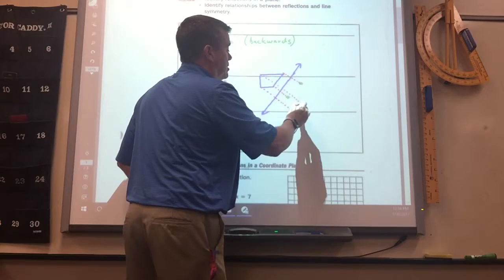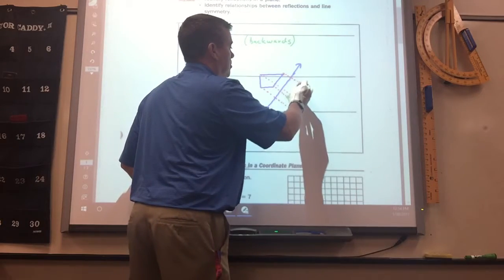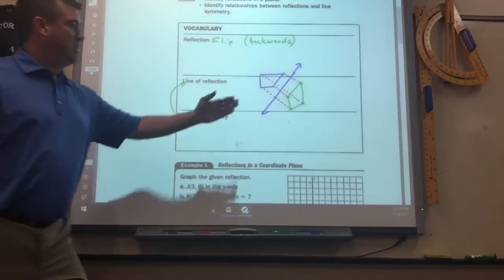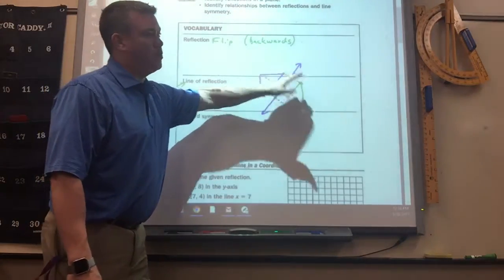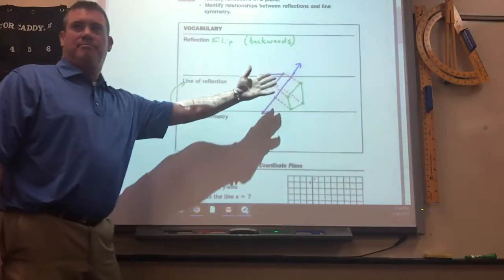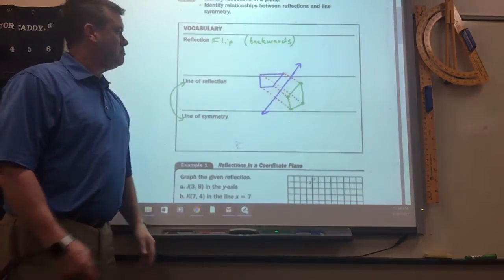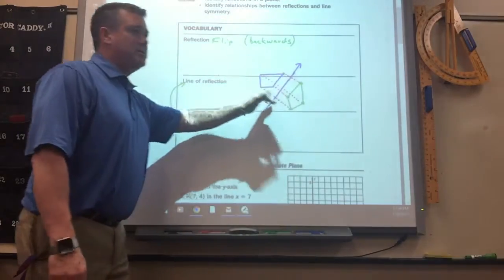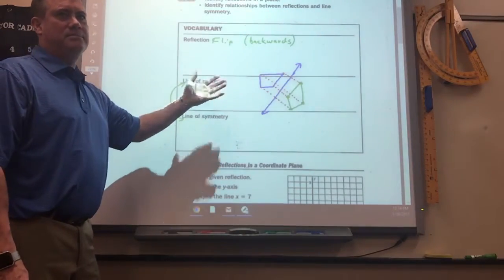Then once you have your points, you connect them. And there you could see that if you folded this, this would fold down on top of that. Okay? So in this picture, the line of symmetry is the same thing as a line of reflection.